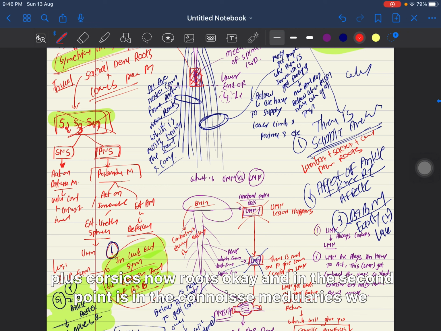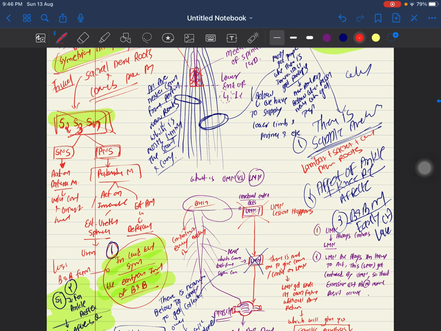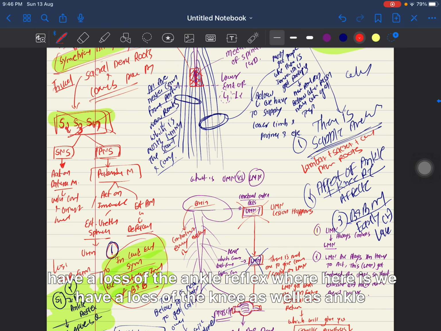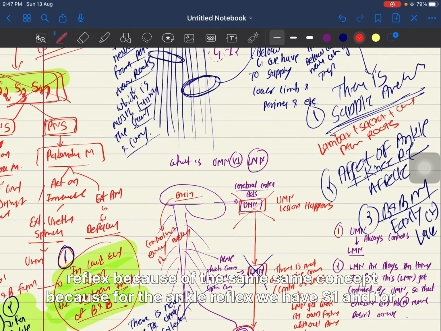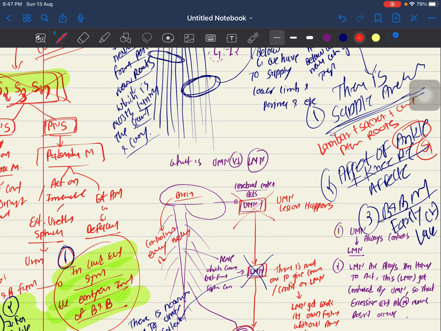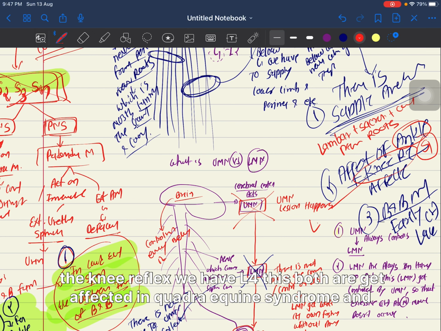Okay. And the second point: in Conus Medullaris we have loss of the ankle reflex, whereas here we have loss of the knee as well as the ankle reflex because of the same concept. For the ankle reflex we have S1 and for the knee reflex we have L4. Both of these get affected in Cauda Equina syndrome.